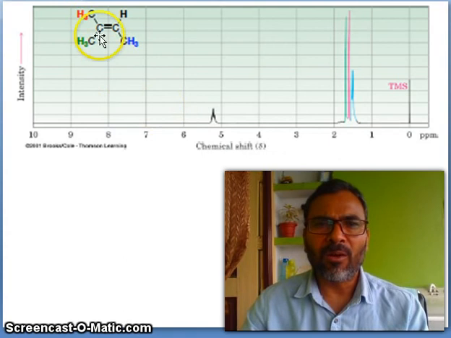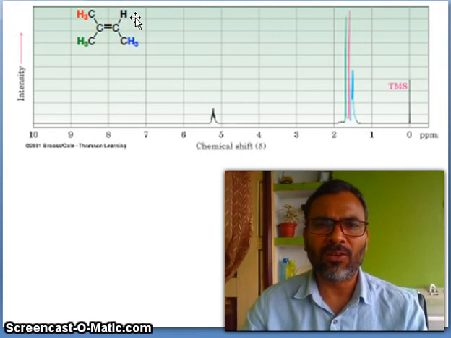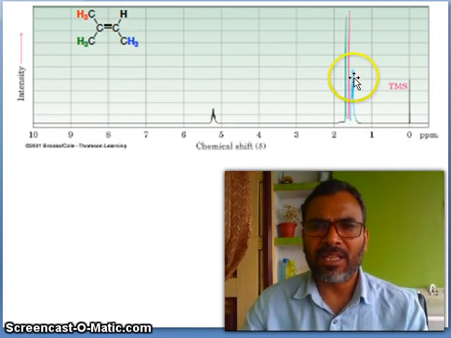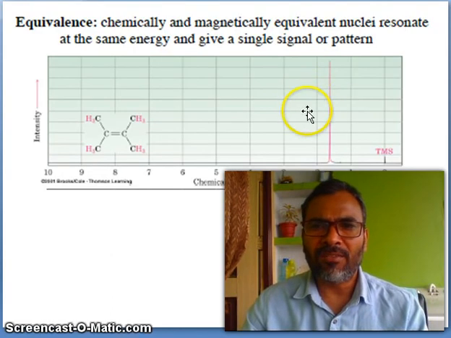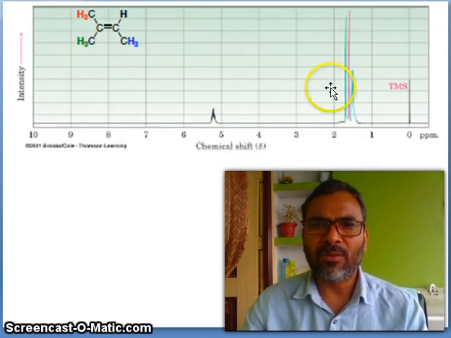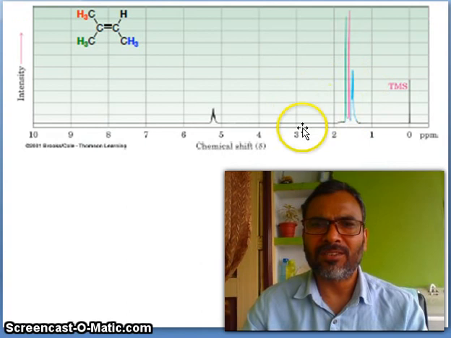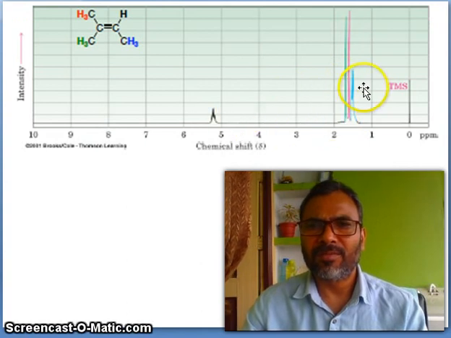Friends, now look here. What happened? You just changed one hydrogen to a methyl group, and the NMR spectra completely changed. You had one peak here, but here you can look at how many: 1, 2, 3, 4.